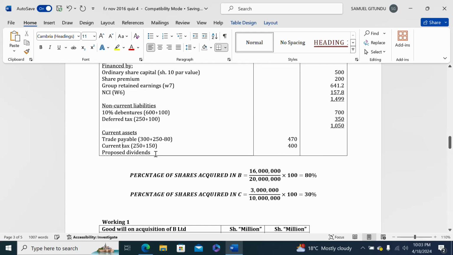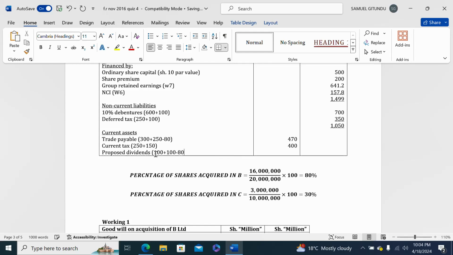And now finally, you go to the proposed dividend. For A, it's 100. For B, it is 100, and then you raise the intra-group proposed dividend of 80.